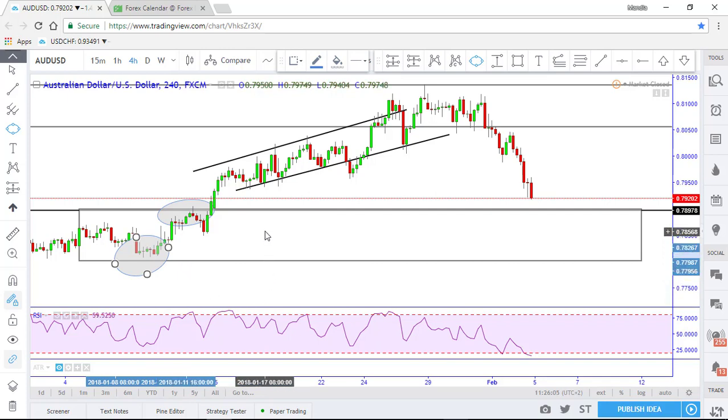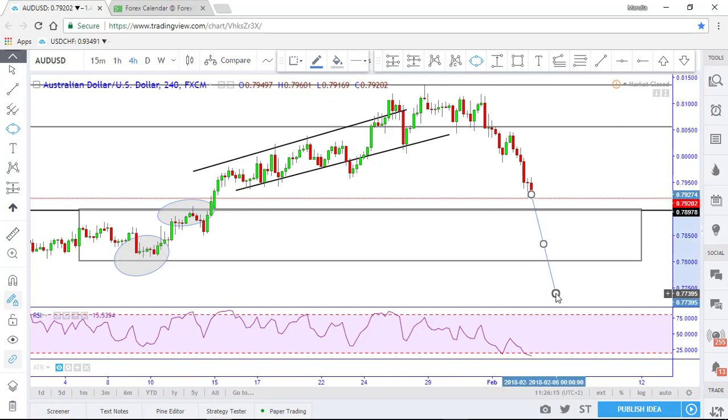Either price is more than likely to pause at these levels and then continue up, or price is going to break below these levels. But I don't care what price does over here.